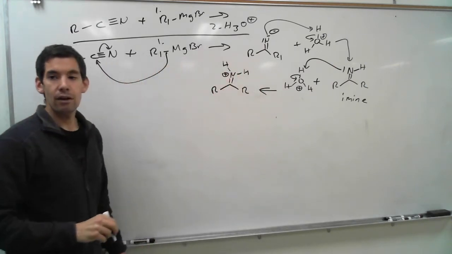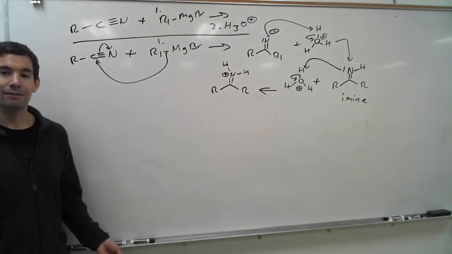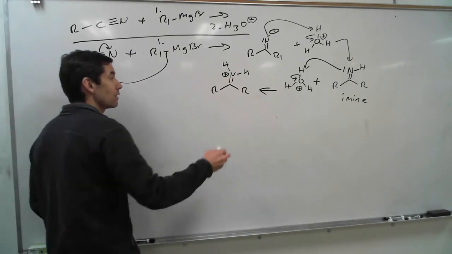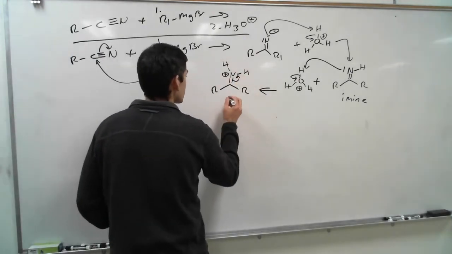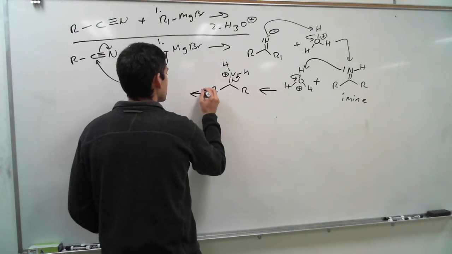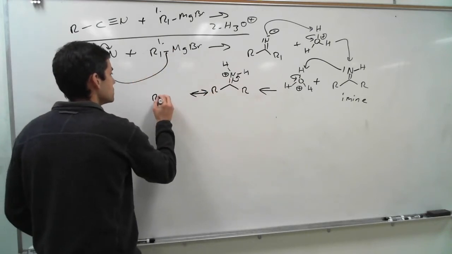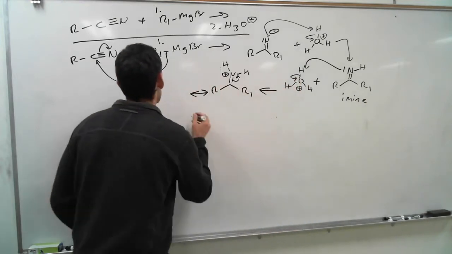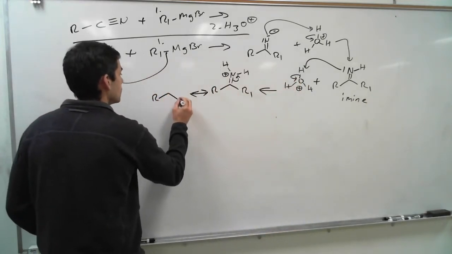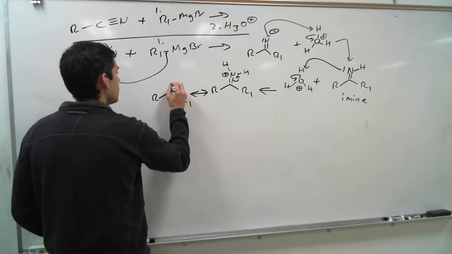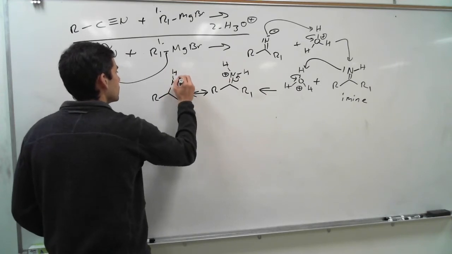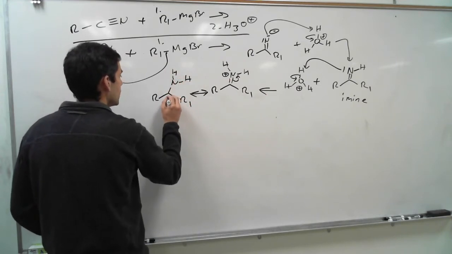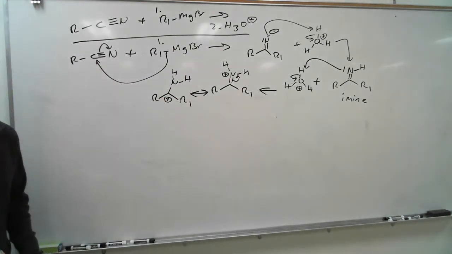And look at that. Oh no, we have a positive charge on our nitrogen. What's going to happen now? Let's do our resonance. Electrons go up. And positive charge there. Again, we have that positive charge there.